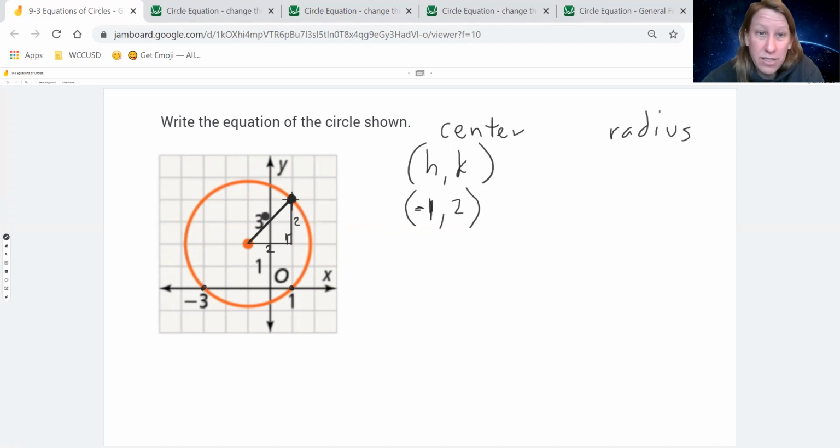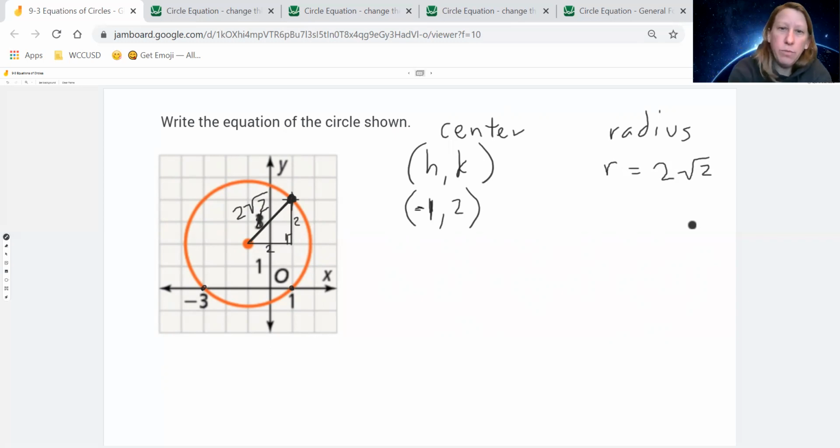Does anyone know what this is? It's a 45, 45, 90 triangle. So if these are both 2, this is 2 times the square root of 2. I love special right triangles. They're everywhere. So the radius in this problem is 2 times the square root of 2.